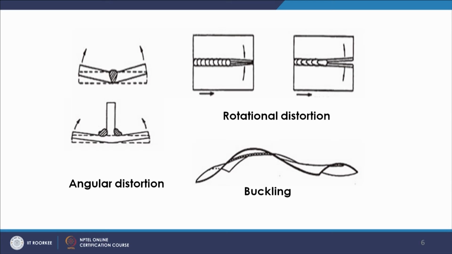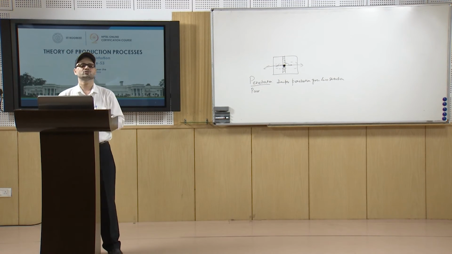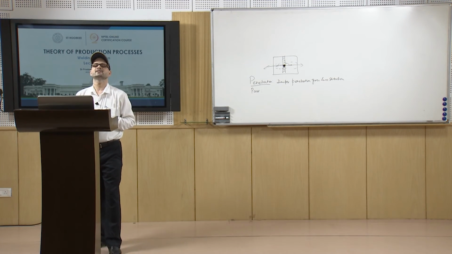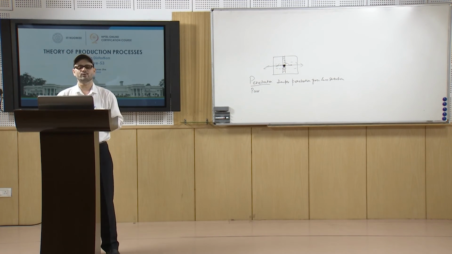Now, how much this angular distortion will take place depends upon the width and depth of the fusion zone relative to the plate thickness. So, as compared to the plate thickness, how much is the width and depth of the fusion zone, which type of joint it is, and what is the weld pass sequence.